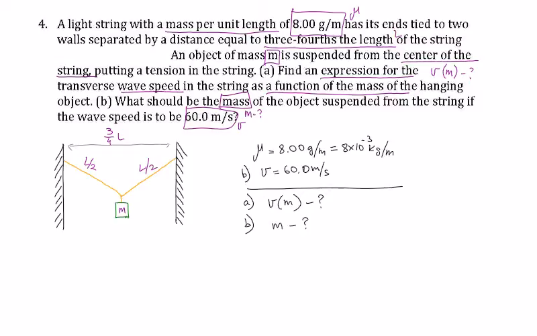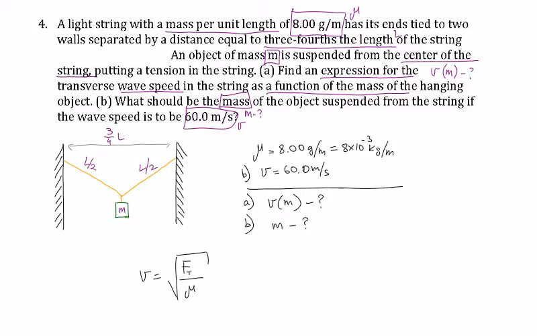Now, to solve the first part, I need to recall, what do I know? I'm asking myself, what do I know about the speed of a wave? So I know that we found that the speed of the wave equals the square root of the force of tension divided by the linear mass density.